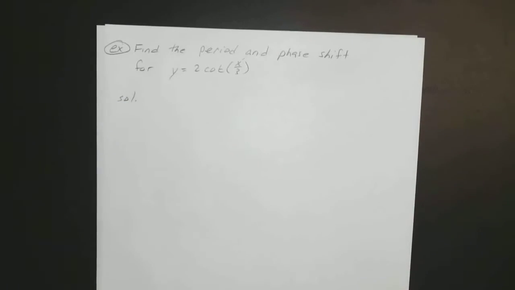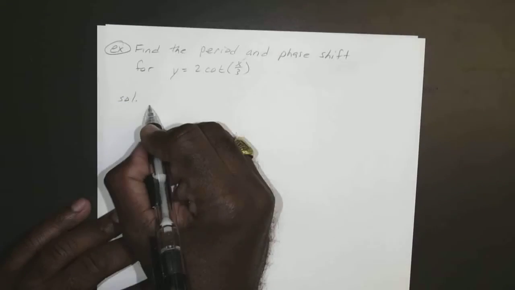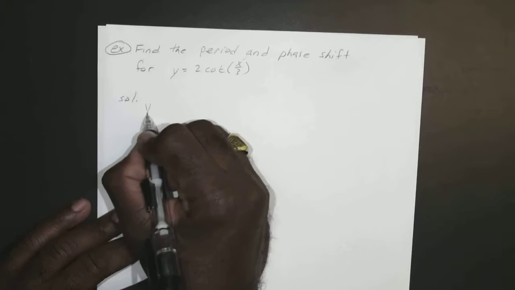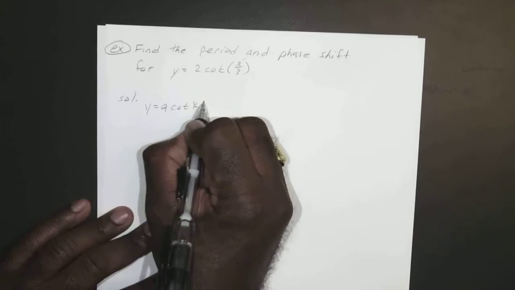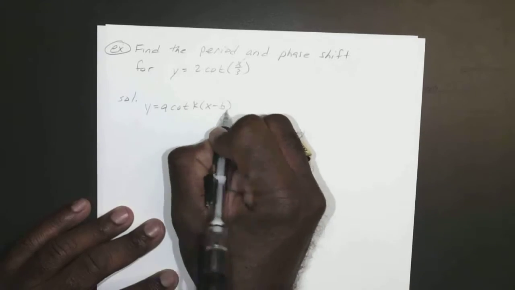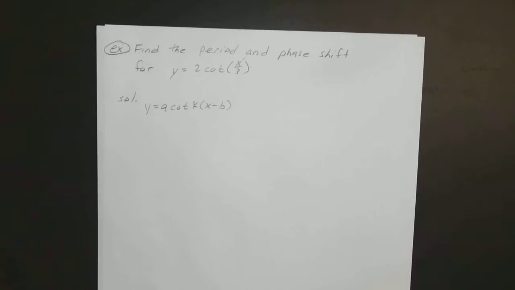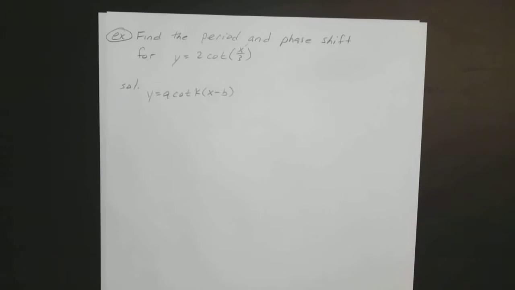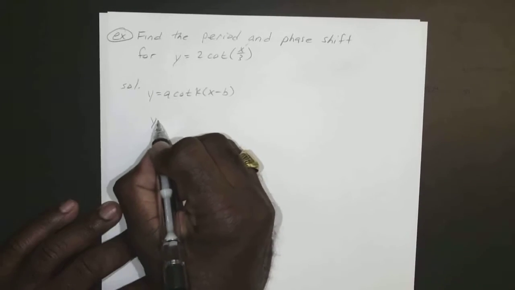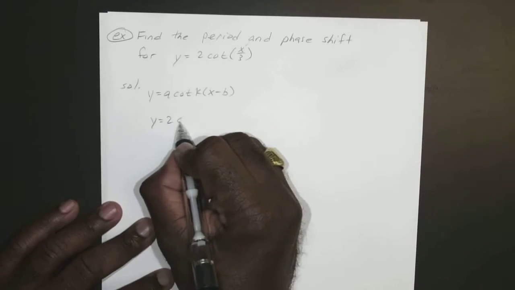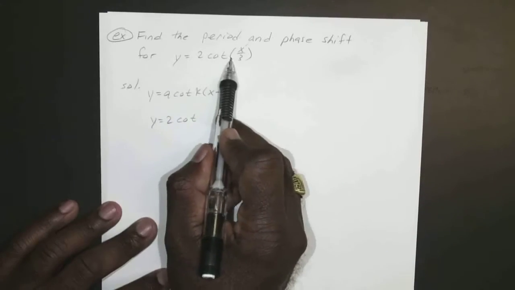All right, so for this one, y equals a cotangent of k, x minus b. That's the formula you want it to match up to. Okay, so that gives us y equals 2 times cotangent.